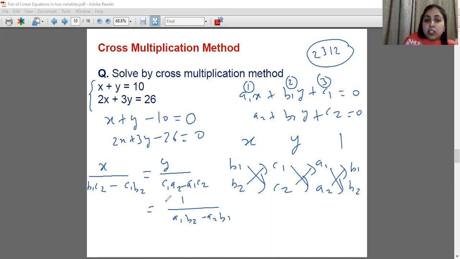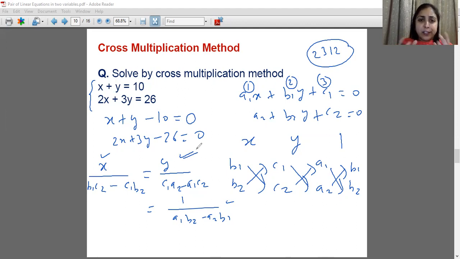Now we have three ratios with equality sign. First, compare ratio number 1 with 3, you will get the value of x. Second ratio with the last one, you will get the value of y. The very easy one. So this is the cross multiplication method.